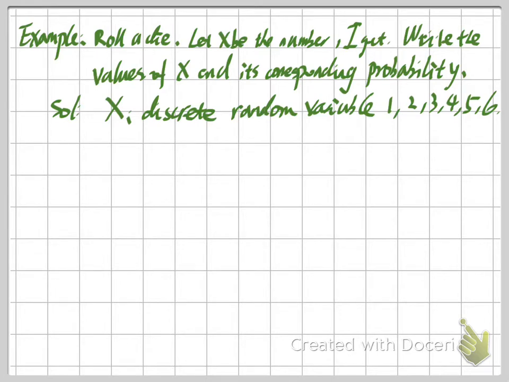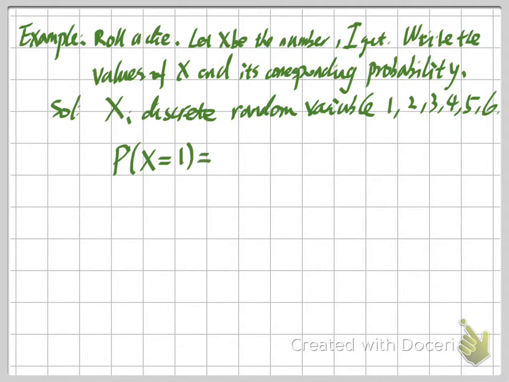And then the question also asks us what the corresponding probability is. This is how we can write it: probability that capital X equals its value. So when the value is 1, it means we will get the number 1.